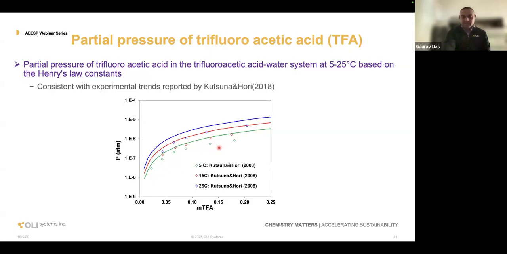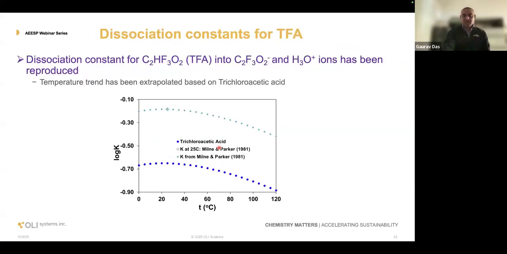Alongside this partial pressure, we also model the dissociation constant for trifluoroacetic acid. The dissociation constant in this case is available from one source and only limited to 25 degrees Celsius, from Milne and Parker. However, the temperature trend of this dissociation constant of TFA, which breaks down into C2F3O2 minus and hydronium ion, is of importance.